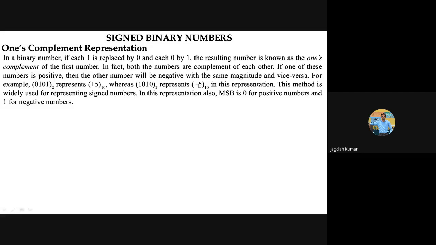To get the magnitude of the number, I have to get its ones complement, which will be 0, 1, 0, 1. So this will give you plus 5. And finally, this number is minus 5. I hope it is clear to you what I am trying to tell. So how to get a number given in ones complement back to a decimal number has to be done according to your most significant bit.